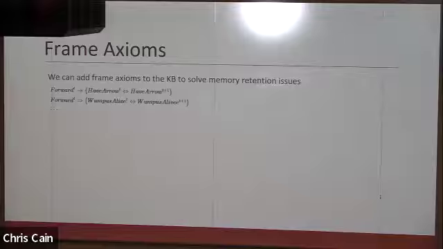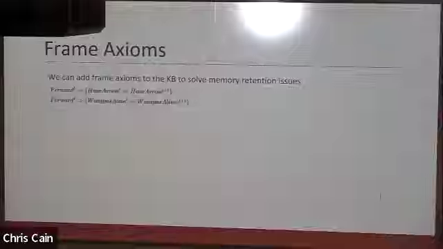So you could do something like, when I move forward, if I had the arrow at time t, then I would have the arrow at time t+1. And of course, you would now need to duplicate that for every possible time step, but assuming we could variabilize it, then this would help you retain the memory that if I have the arrow, I will still have the arrow until I shoot the arrow.